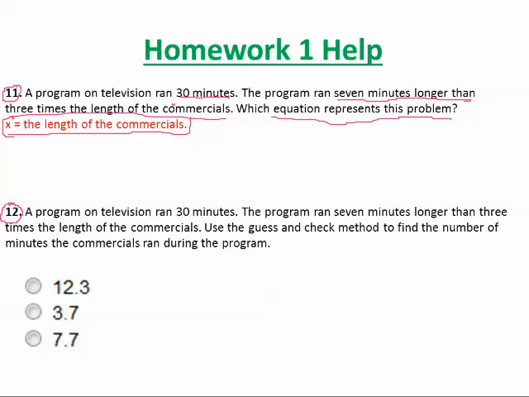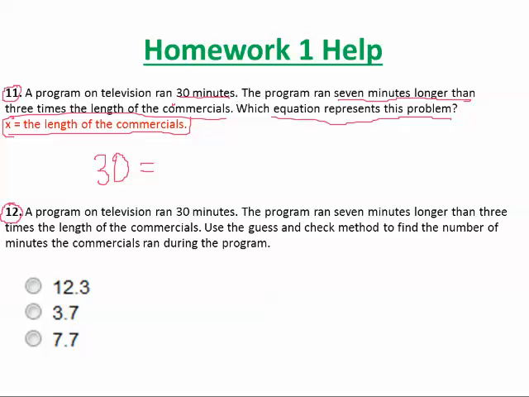So let's just think for a moment. A program on television ran 30 minutes. So the whole thing is 30 minutes. Well, I think the whole thing is made up of how long the commercials are and how long the show actually is. So let's read again.